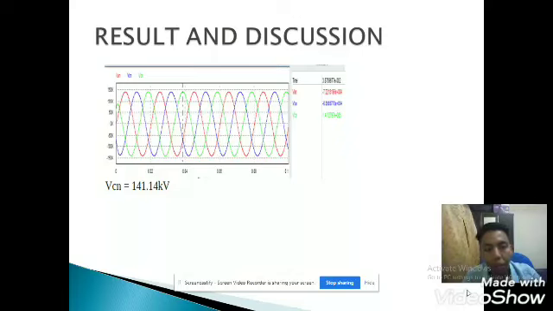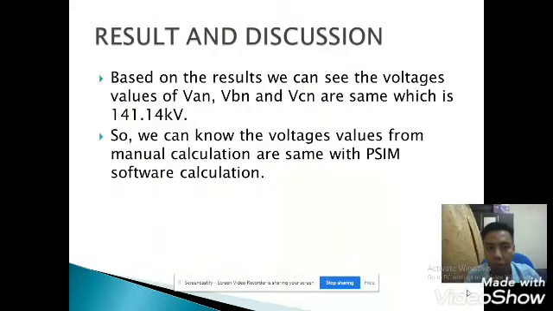And the last one for VCN from the graph we get is 141.14 kilovolt. Based on the result, we can see the voltage values of VAN, VBN and VCN are the same, which is 141.14 kilovolt. So we can know the voltage value from manual calculation is the same as the PC software calculation.